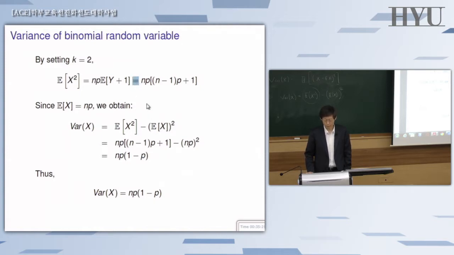How do you verify this? I know that n times p times the expectation of 1 plus Y is n times p times some math, n minus 1 times p plus 1 inside.